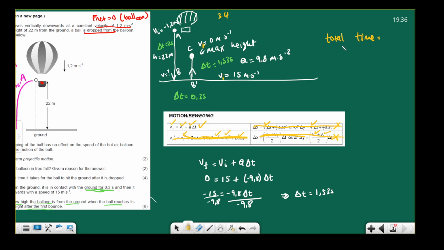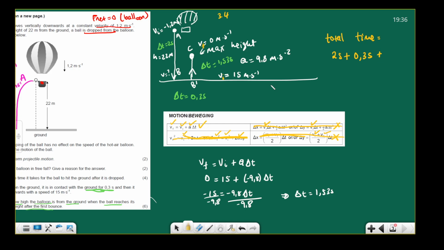Total time is equal to the 2 seconds that the ball took from the balloon to the ground, plus the 0.3 seconds it was in contact with the ground. 0.3 seconds. Please, this is an S, it's not a 5, guys. This is the letter S, I write it in a very ugly way, so I'm sorry for that.